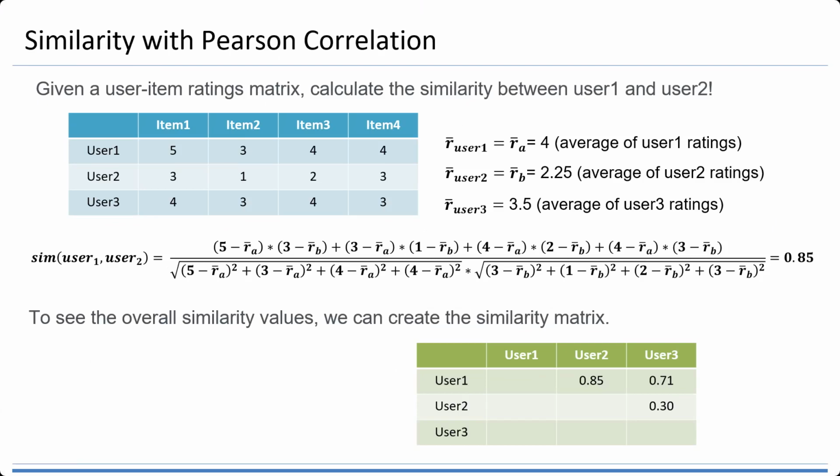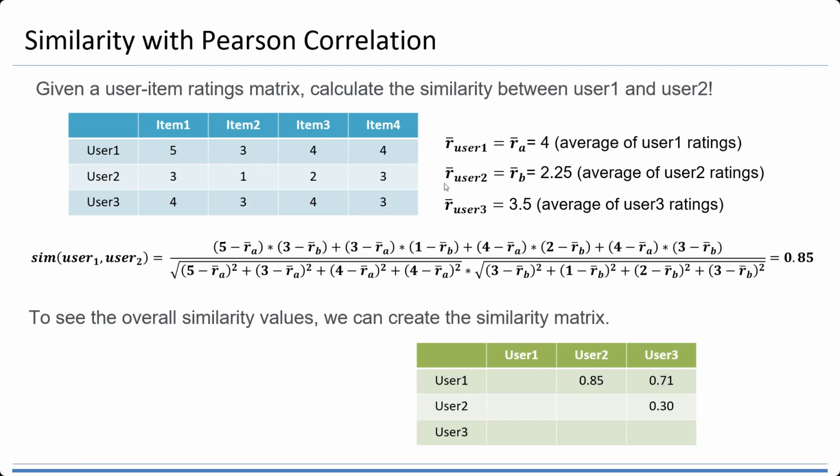At first, we need to calculate the average. The average rating of user 1, or let's say this is R A: 5 plus 3 plus 4 plus 4 divided by 4. Then the average is 4.